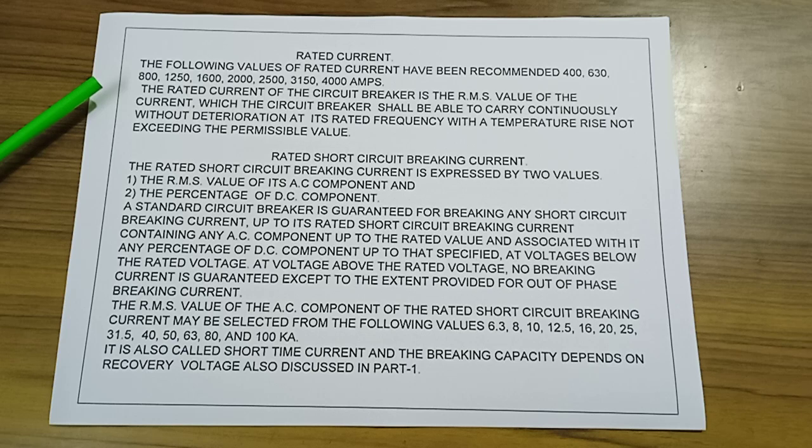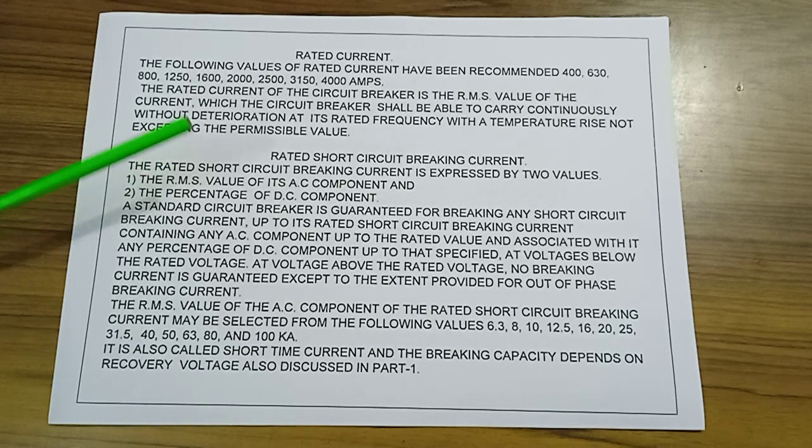The rated current of the circuit breaker is the RMS value of the current which the circuit breaker shall be able to carry continuously without deterioration at its rated frequency, with a temperature rise not exceeding the permissible value.